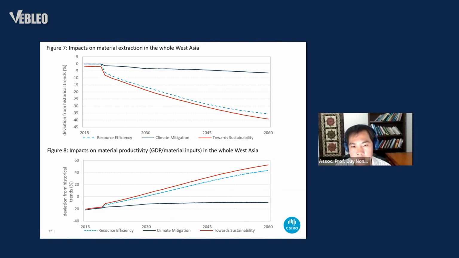We can measure it in real GDP per material input in the whole of West Asia, and you can see that the productivity in the two sustainability scenario significantly increases when we compare the policies. And resource efficiency is actually a very good outcome because it helps to use resources more efficiently and effectively, using less input to produce the same amount of output.